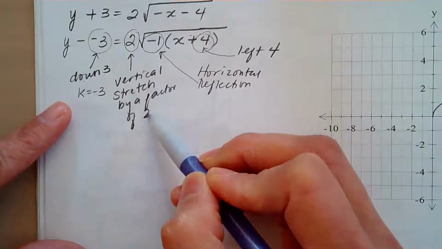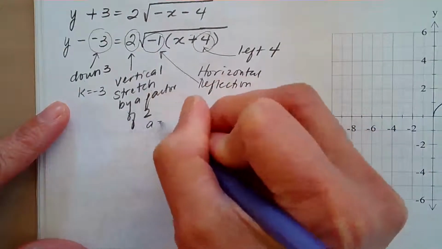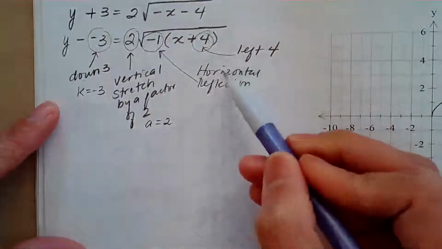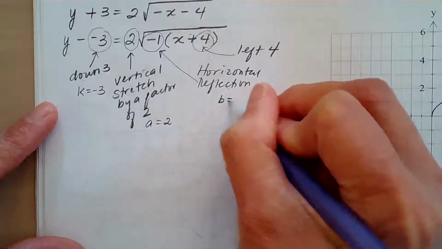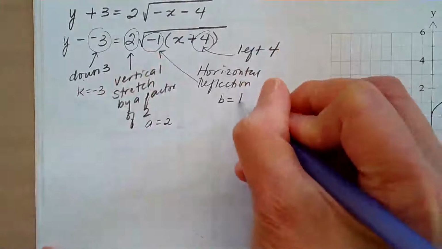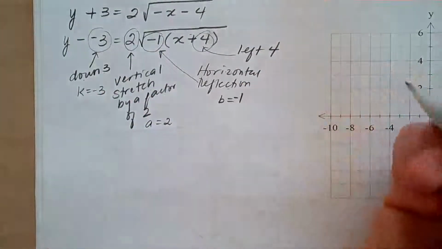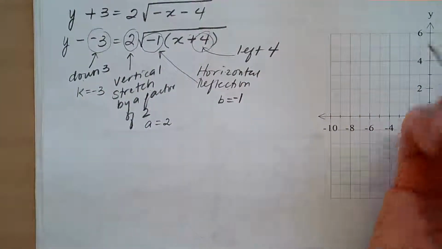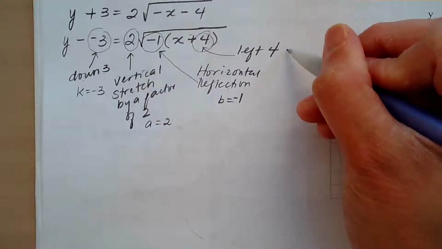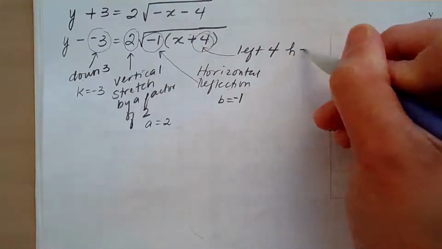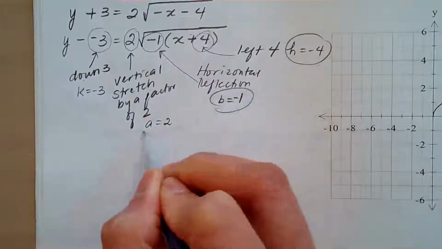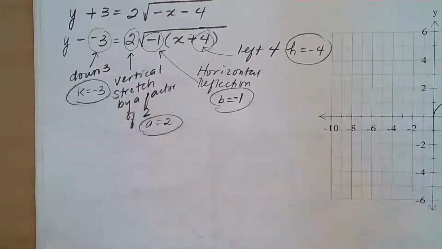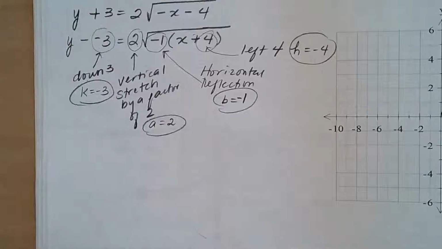Vertical stretch by a factor of 2, that means a equals 2. Horizontal reflection, that's b equals 1, but it's negative 1. And left 4, so h equals negative 4. So these are our A, B, H, and K.